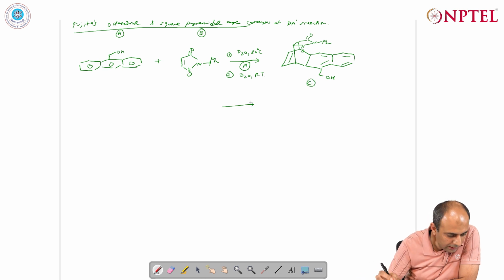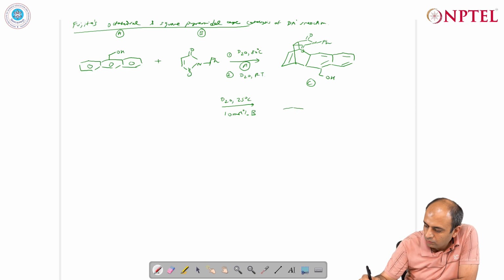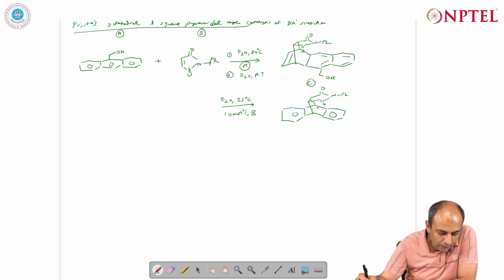Whereas, if you actually do the reaction in D2O at room temperature in the presence of 10 mole% of B. So, now instead of A, we are taking 10 mole% of B. It gives rise to the other regioisomer.